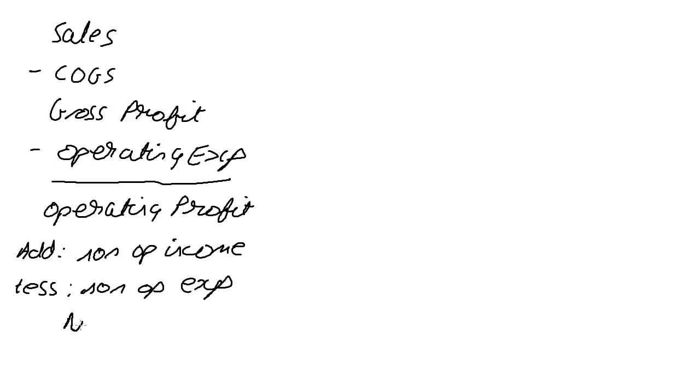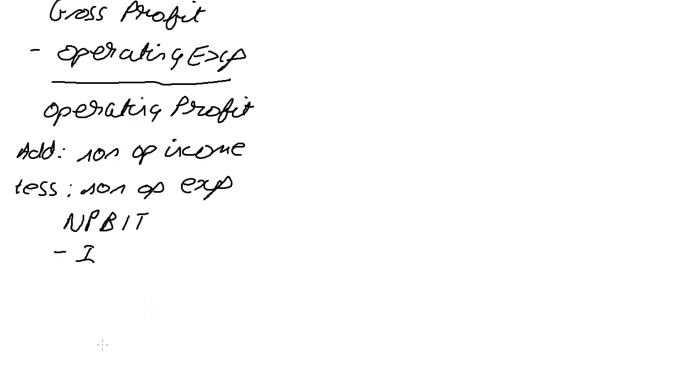I'm just going to write net profit before interest and tax. Then we subtract interest, we get net profit before tax, we subtract tax, we get net profit after tax.